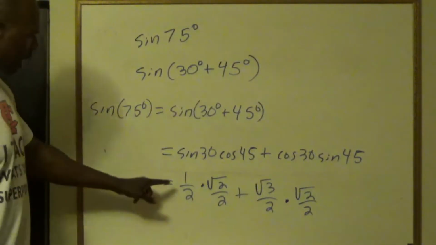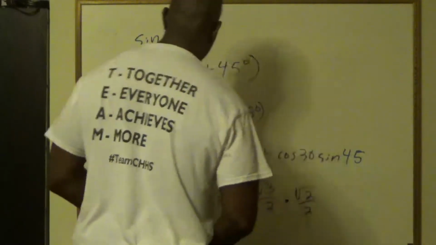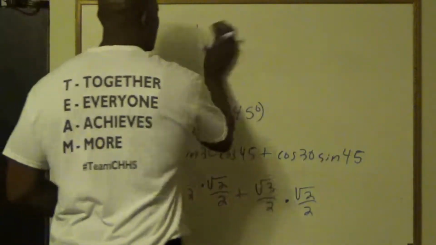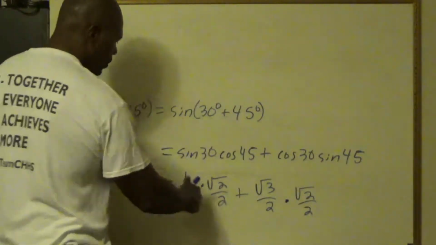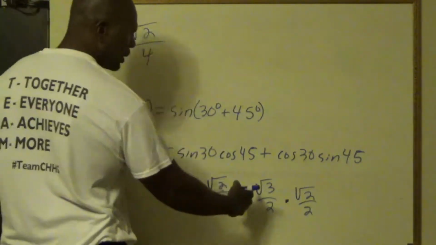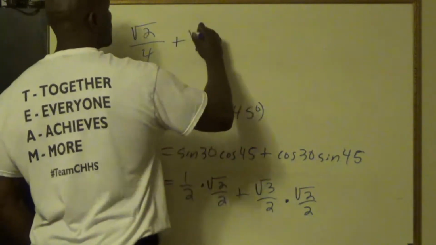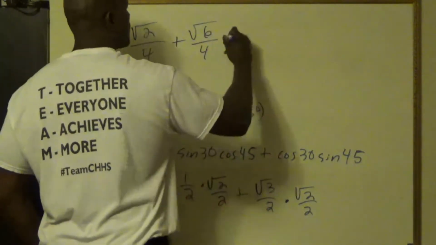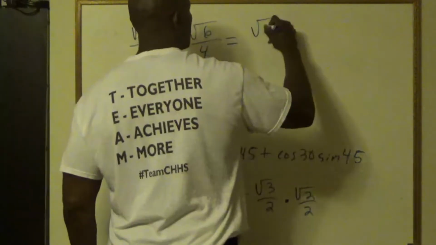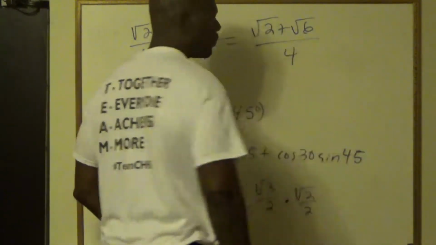So if we multiply on this side, we'll get the square root of 2 over 4. And on this side, we'll get the square root of 6 over 4. So our answer is the square root of 2 plus the square root of 6 over 4.